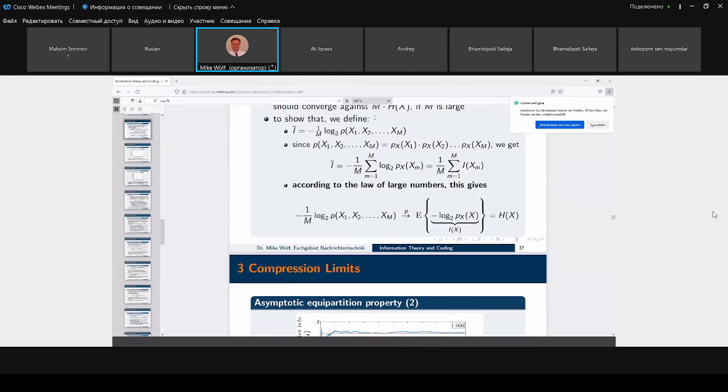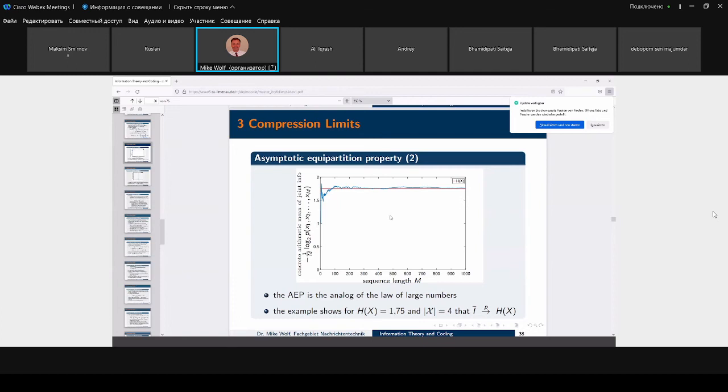Let's say I have an example with a discrete source which generates 4 symbols, let's say A, B, C, D, or the values 1, 2, 3, 4. But these 4 values have different probabilities, so that the entropy of this random variable is not 2 bits.